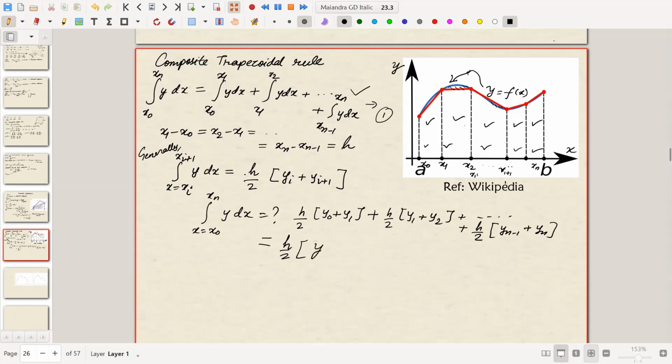No. So let us keep y naught, plus y1 is appearing twice, so on up to, yeah, Dikhil was right, 2 yn minus 1. Yeah, but there will be 1 yn.